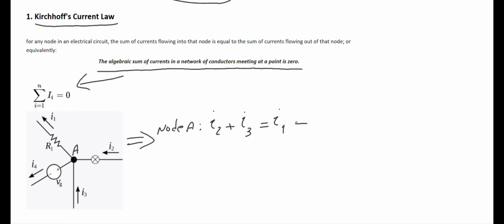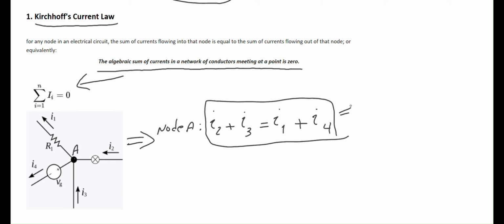So it would be I1 plus I4. This equation is called KCL at node A. And this is the first law of Kirchhoff, also known as Kirchhoff's first law or Kirchhoff's current law.